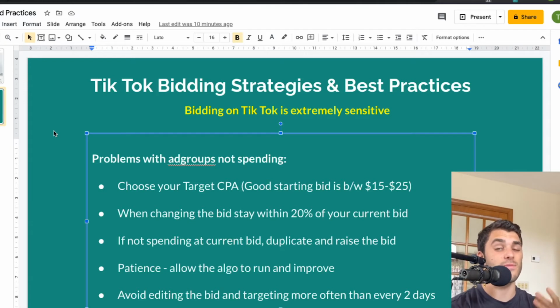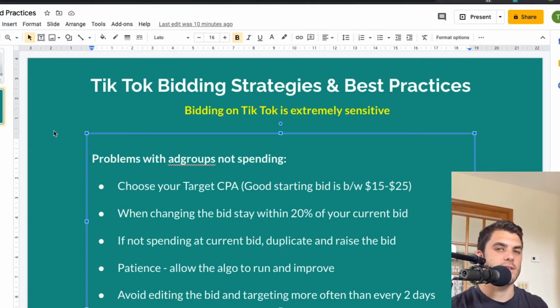So guys, you have to be super careful when you're changing your bids. Like I said, if it's not spending at the current bid, right? Say we took it to $20 and we raised it to a $24 bid, right? We kept in that 20% range. If it's not spending at $24 after we raised it, this is the time where I go off of that 20% current bid.